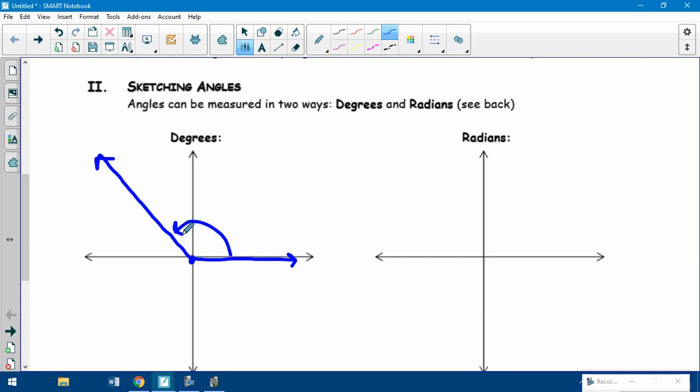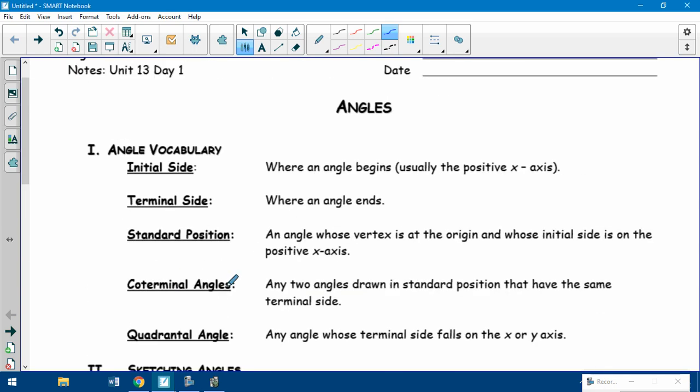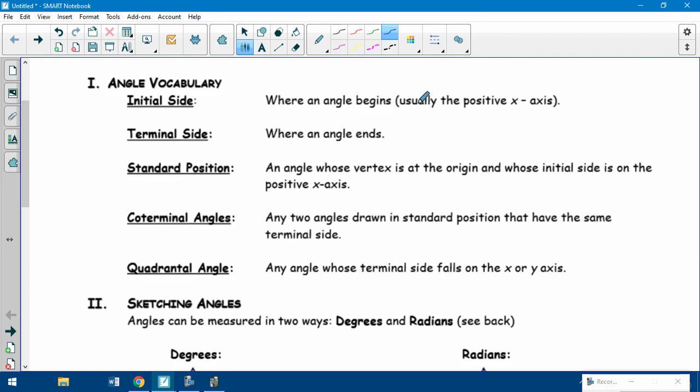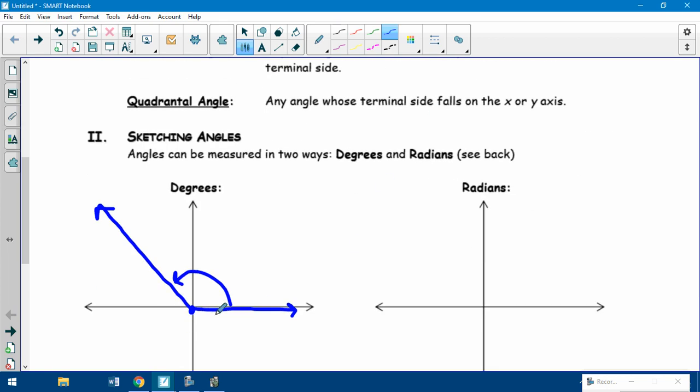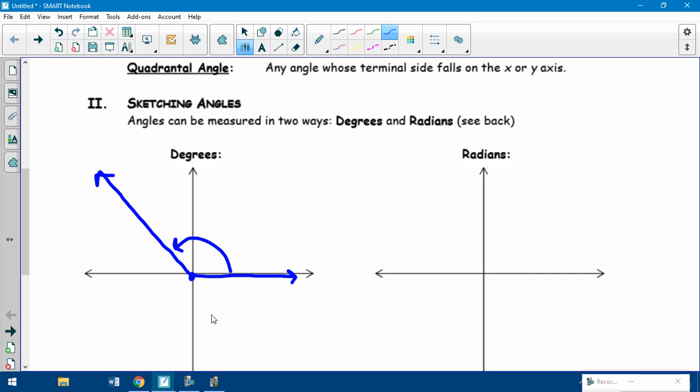Okay, so you're going to see me normally drawing angles on a graph like that. And when it says initial side, where the angle begins, usually the positive x-axis, we usually start on the positive x-axis over here. So you can label this initial side.